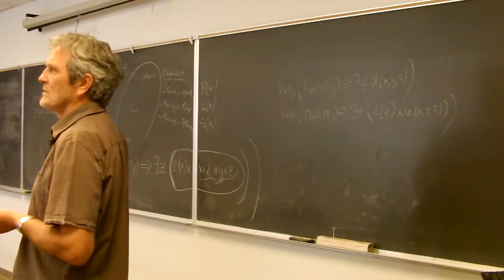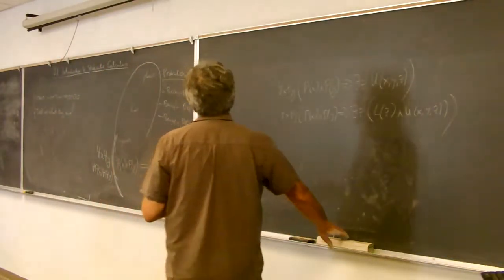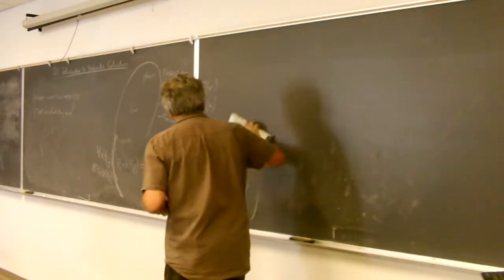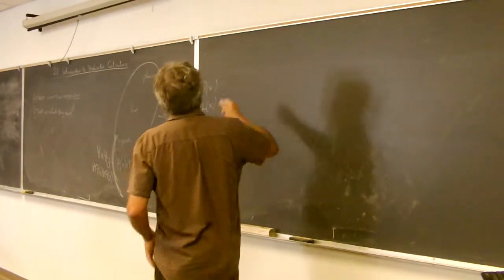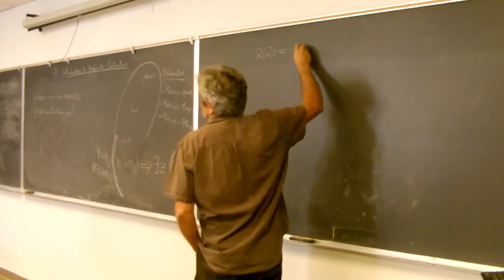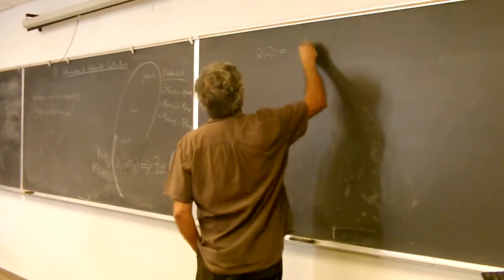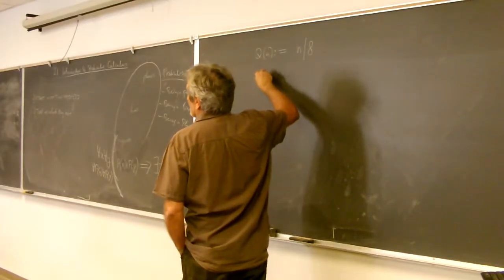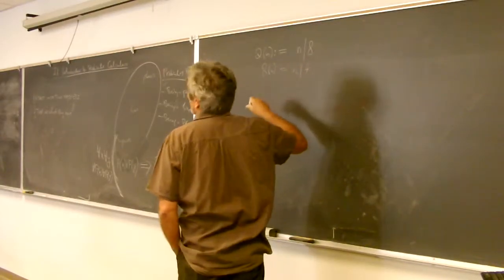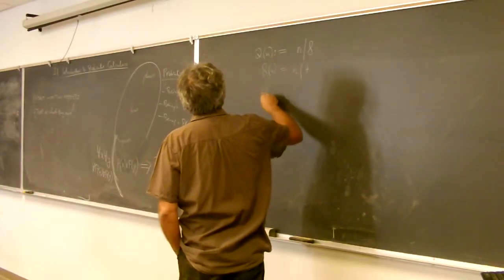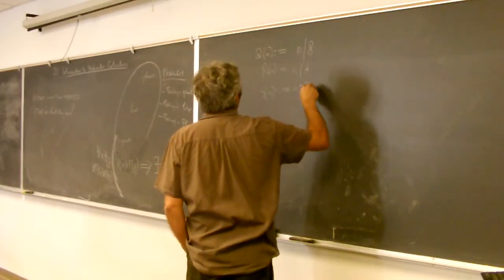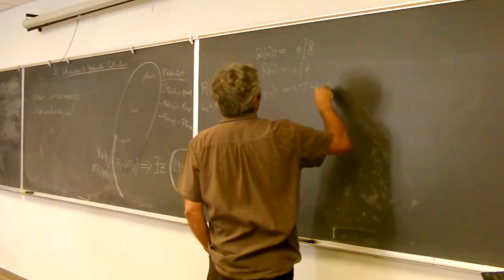That's not true. So we can say the following. Q of n stands for n divides 8. R of n is n divides 4. And S of n is what? n less than 5 and n different from 3.